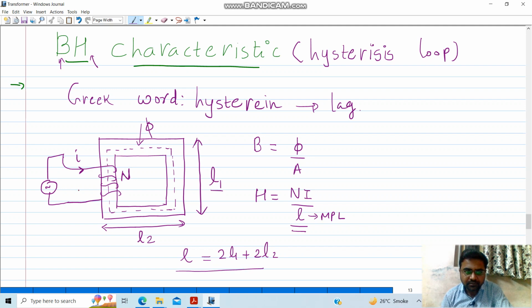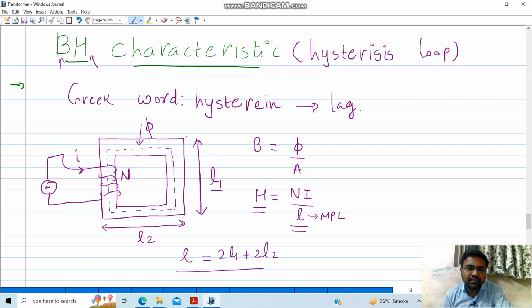Considering that, if you take N number of turns here and current I flows through this primary, the field strength can be given as N times I divided by the magnetic path length, and flux density will be the ratio of flux upon unit area.